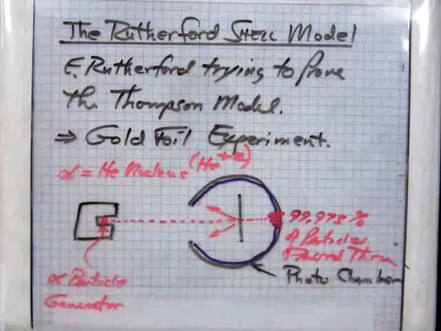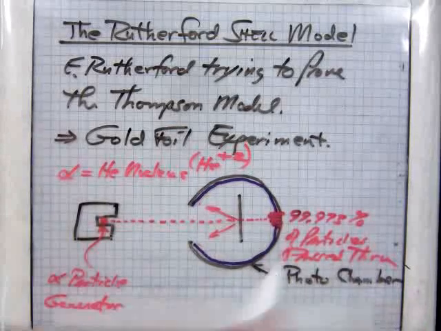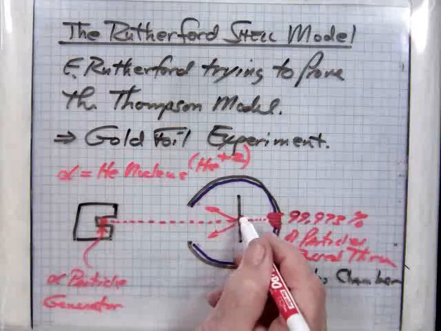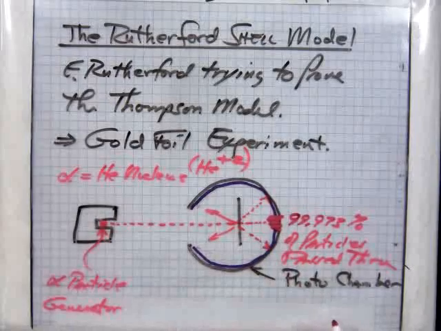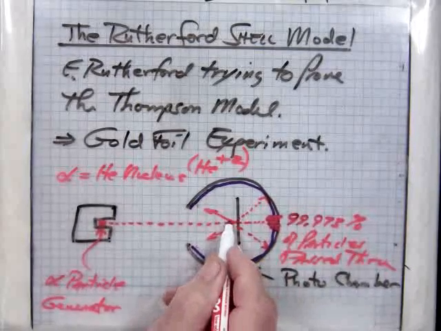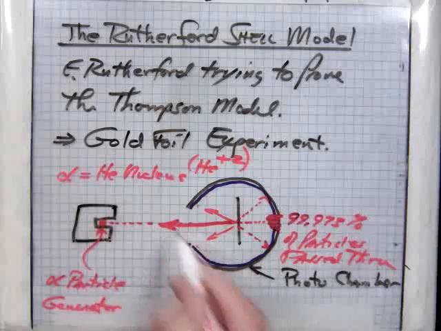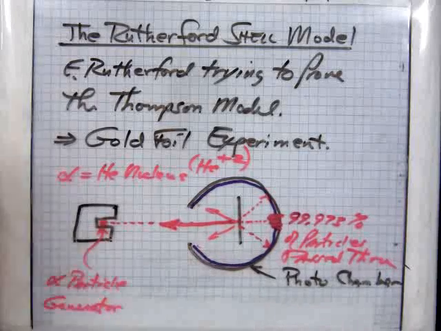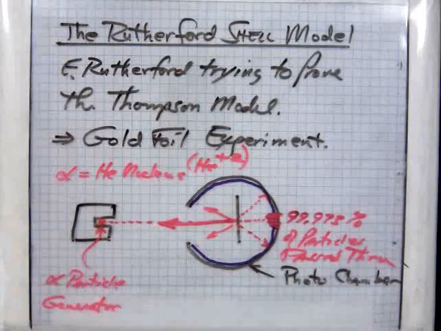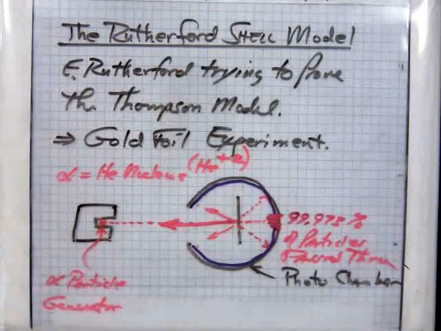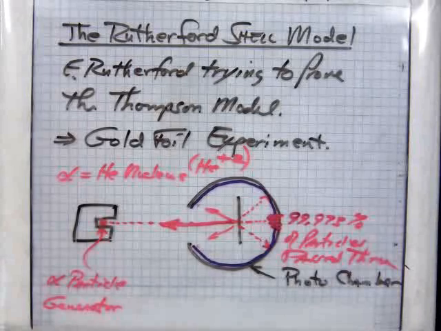But what he observed also was some of these particles went off on obtuse angles in that capacity, and he also saw some coming straight back at the source. And this was totally unknown in terms of what was causing this. And so the long story short, the results of this was that he postulated the shell model of the atom.